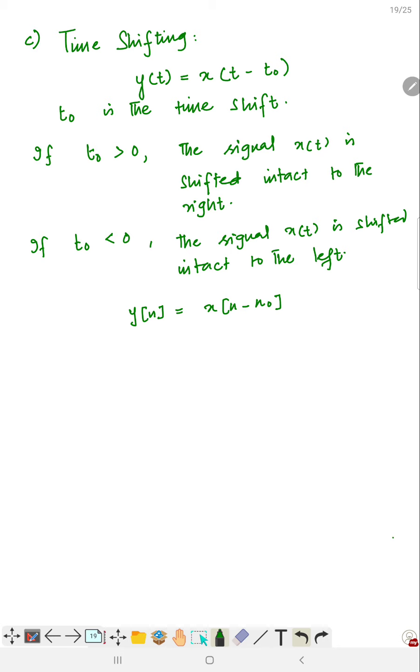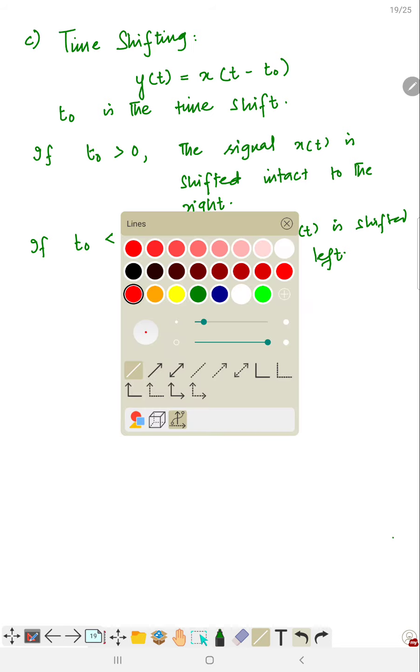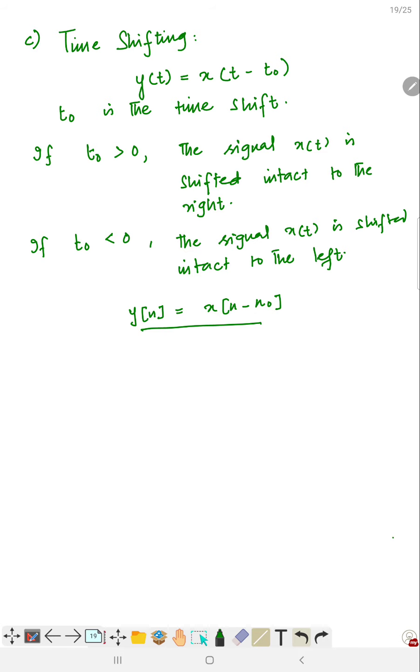So let's do a quick example. We will take the discrete time version because we can perceive it in a much better way. Let's suppose I have an original signal. We will do the graphical analysis.